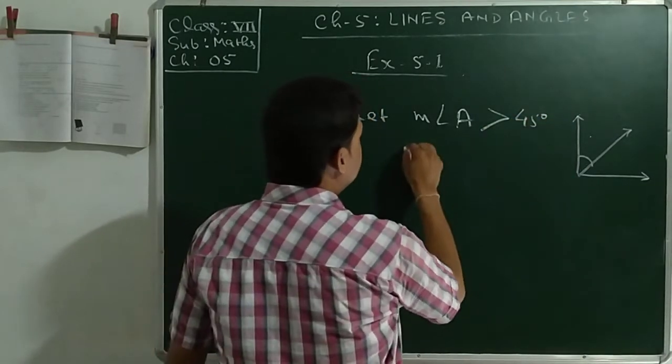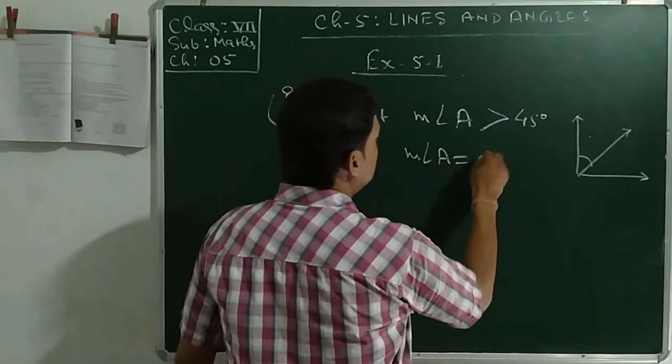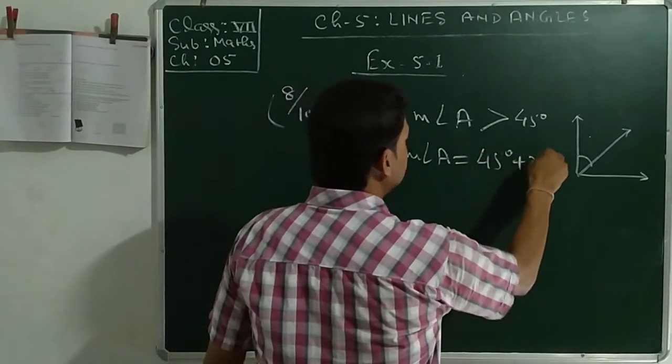That is, measure of angle A equals 45 degree plus x degree.